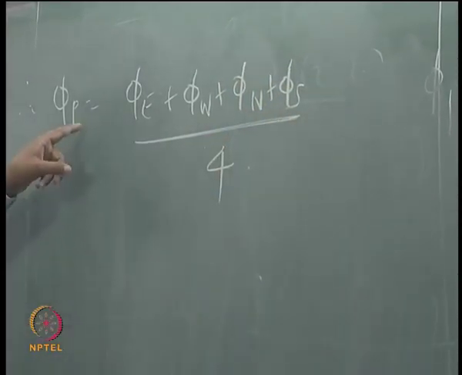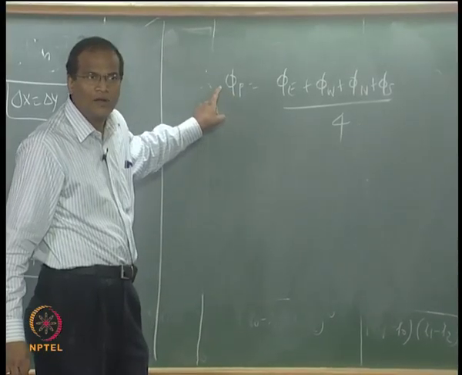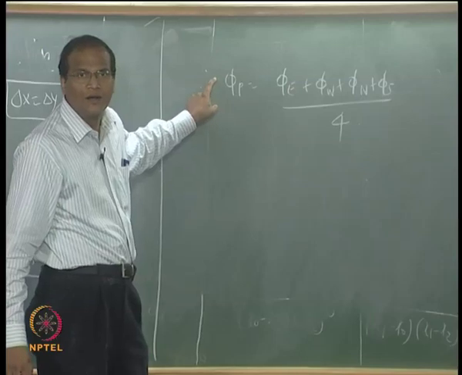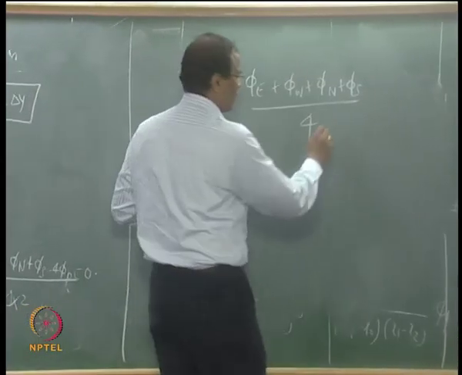When you write like this, what is it known as? This comes from where? Finite volume. So this is called the finite volume.